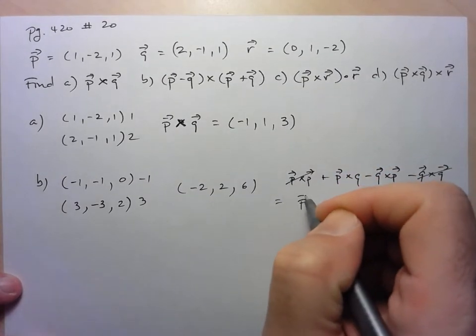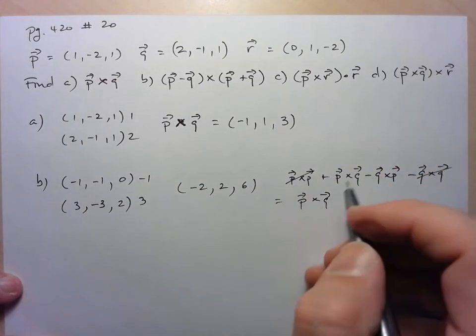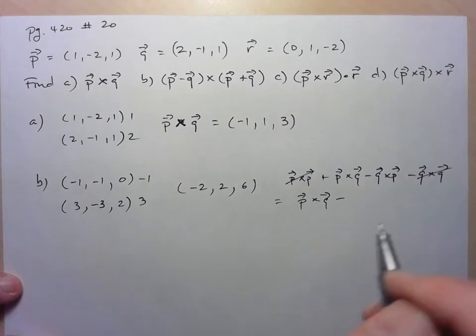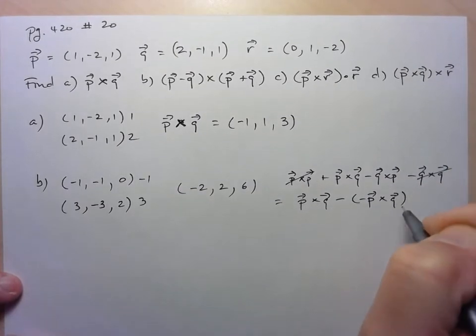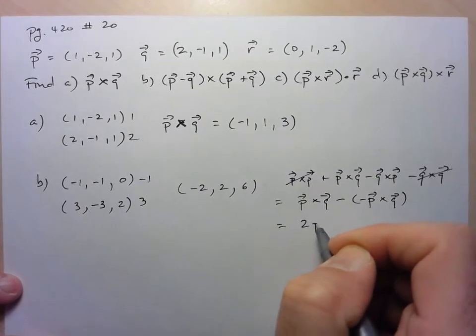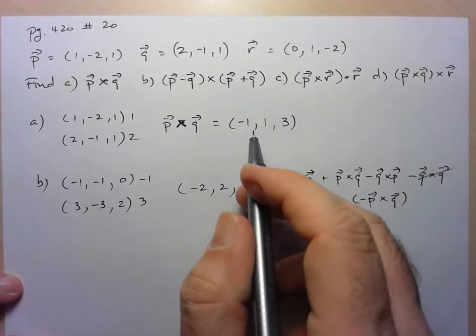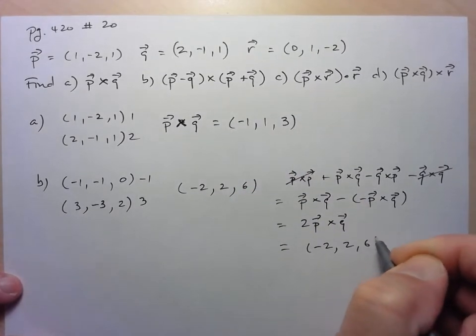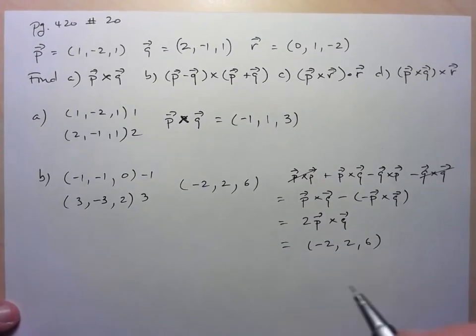So I've got P cross Q. And here, this is minus, and remember, these two are not commutative, they're anti-commutative, so that's just going to be equal to negative P cross Q. And so what we have in the end is 2P cross Q. Okay, and since we already found P cross Q, that's just going to give us -2, 2, and 6, which is exactly what we found before. Okay, so two ways to attack this problem.